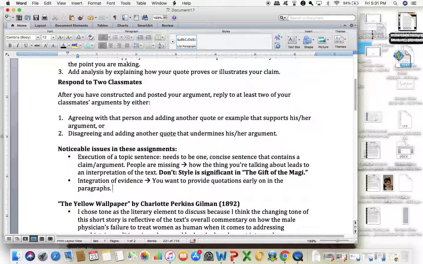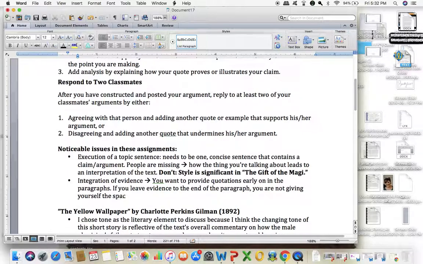When you leave your quotations or your evidence toward the end of the paragraphs, you're not doing yourself any favor. After your claim, I would almost immediately, if not in the second or third sentence, go into here's evidence. If you leave evidence to the end of the paragraph, you are not giving yourself the space to provide analysis.